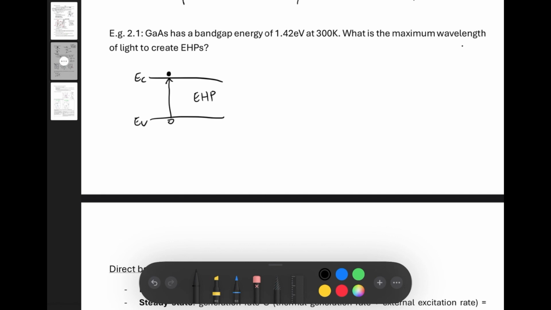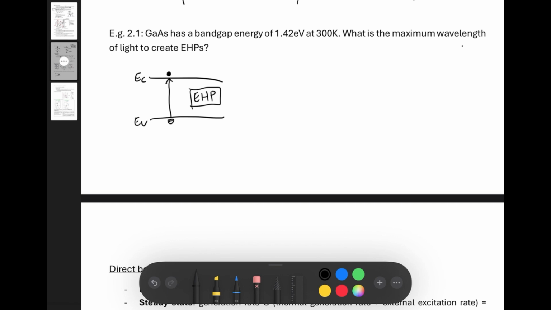So this is for an undoped semiconductor. For doping, we'll look at it in a future video. But basically, because the number of electrons in the conduction band is equal to the number of holes in the valence band for an undoped semiconductor, we can call it an electron hole pair.